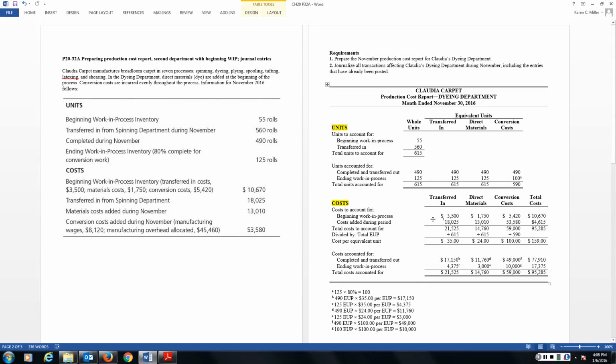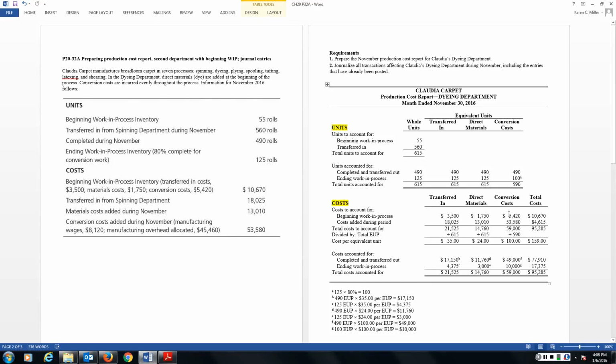So when the rugs were transferred in, this is what came with them. We had $1,750 worth of material already added to these rugs that are in work in process, and $5,420 already in these rugs for labor and overhead.